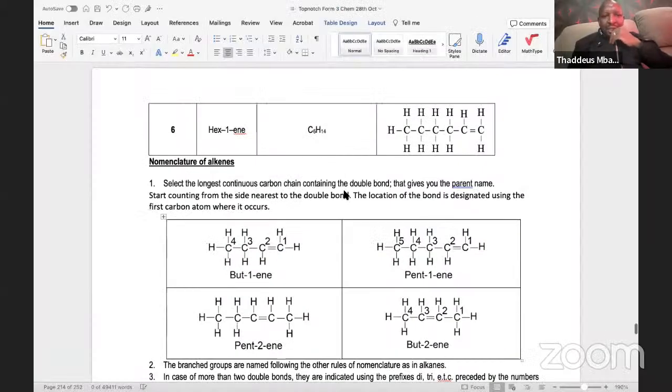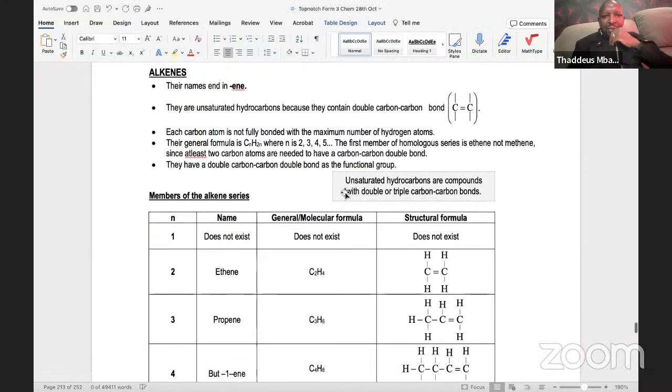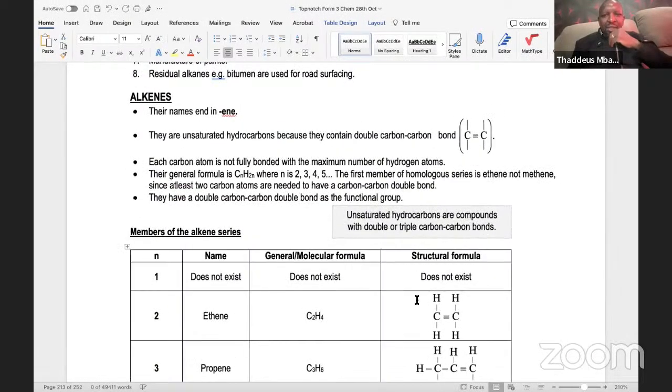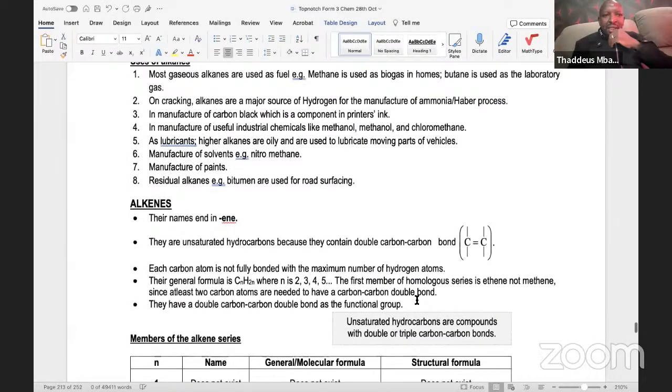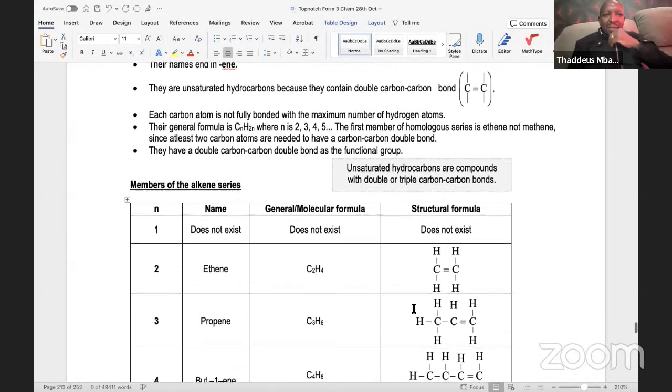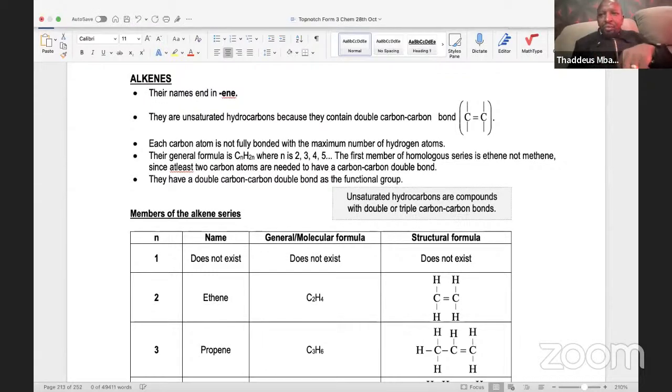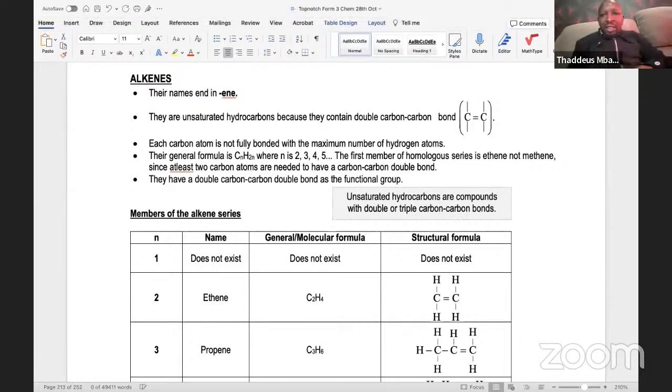Let's look at the notes. Are you able to see my screen? I'm sharing now the notebook, because those are the notes. So we are dealing now with alkenes. Before you get to that, I've seen there are a few students who are not getting this right: for alkenes, their names end in "ene".